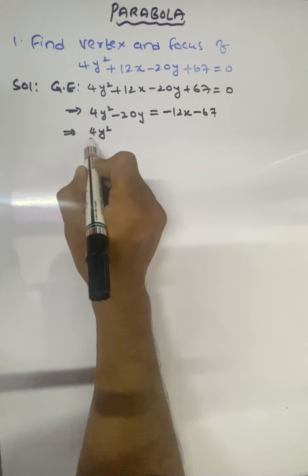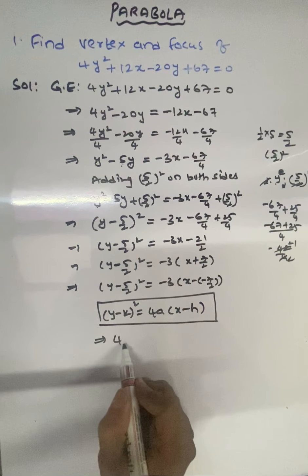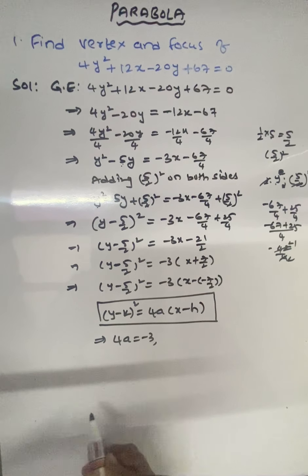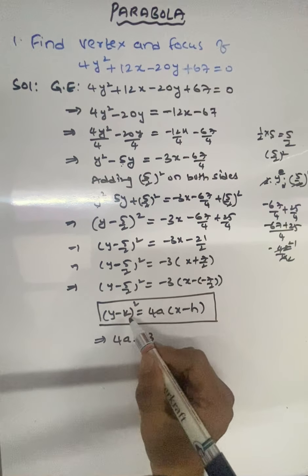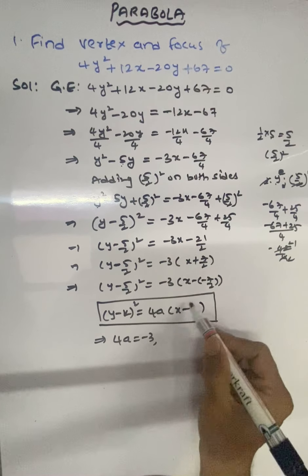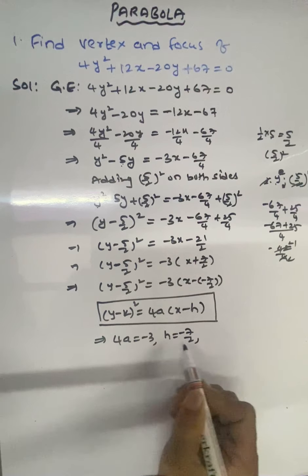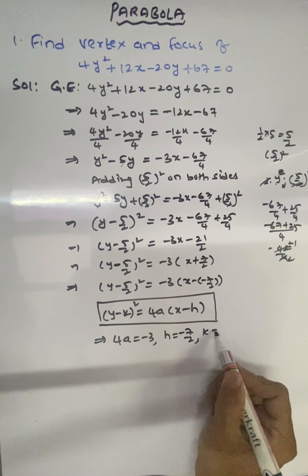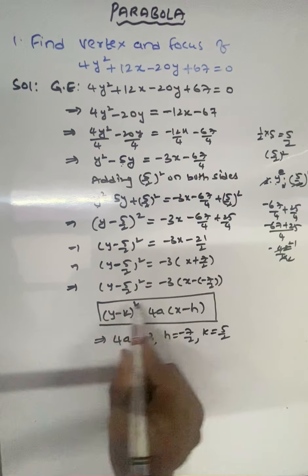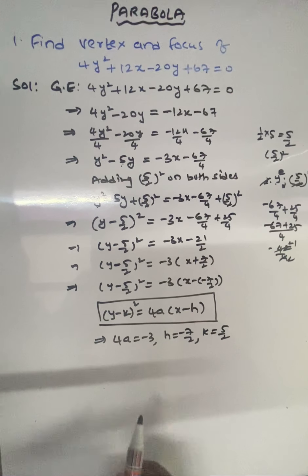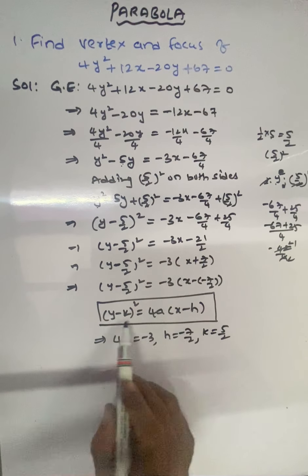Here we have minus 3, so 4a equals minus 3. Then minus minus cancelled, k is 5 by 2. Minus minus cancelled, h is minus 7 by 2. We compare with this formula.